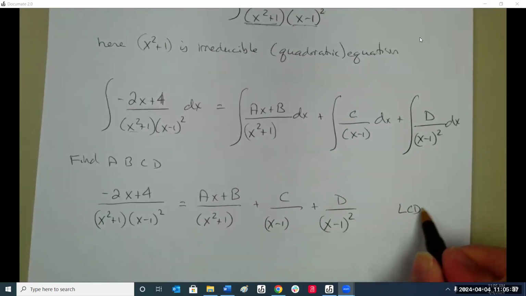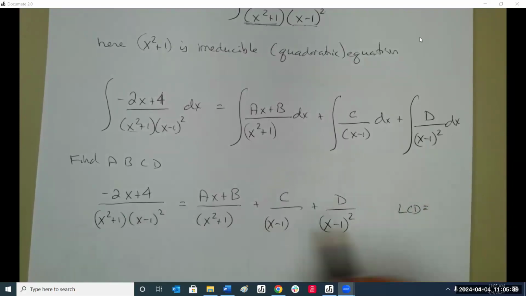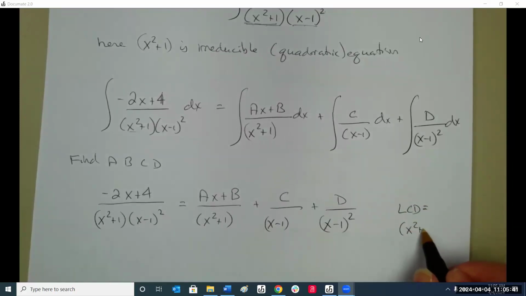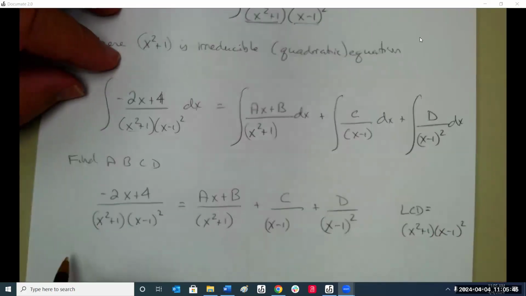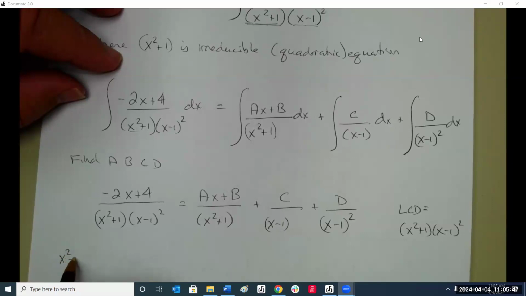The LCD, again, is always the original, so it's x squared plus 1, x minus 1 squared. Multiply it to each term.